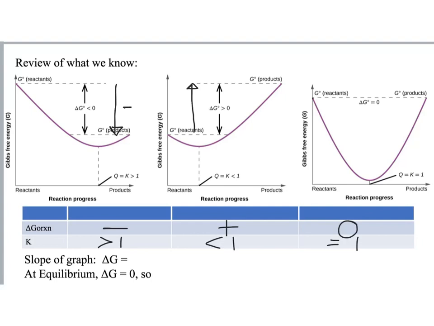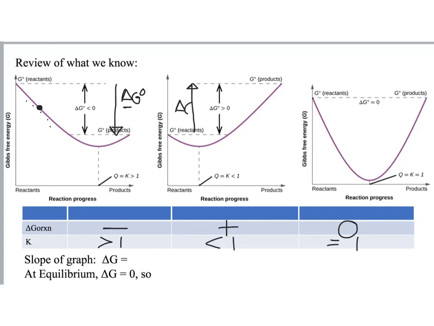We also talked about how this graph, if you pick some point on the graph, say like right here, any point on the graph, that tells you where you're at that given instant. And you can also talk about the slope of the graph at that point. We said it was kind of confusing, the name that this slope was given. So notice when we're talking about the lines, that was delta G naught, the change in Gibbs free energy for standard conditions.